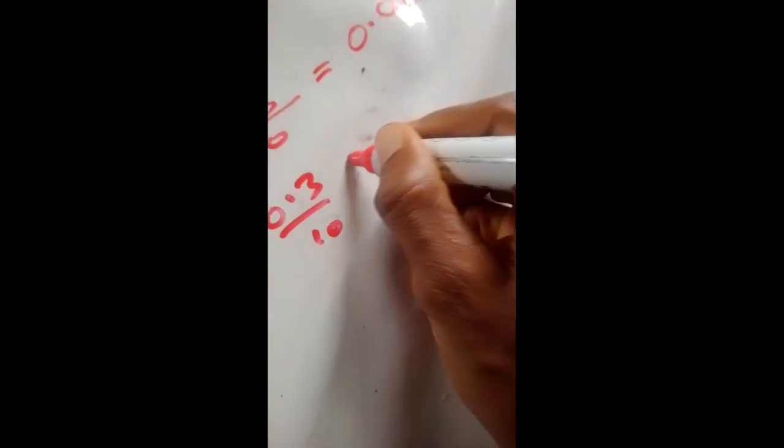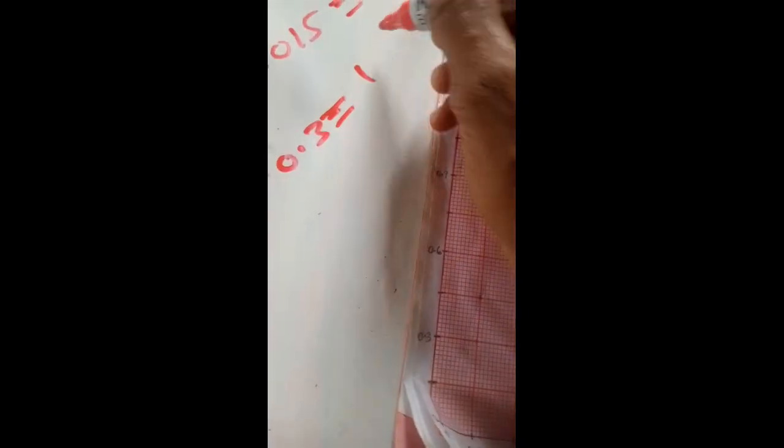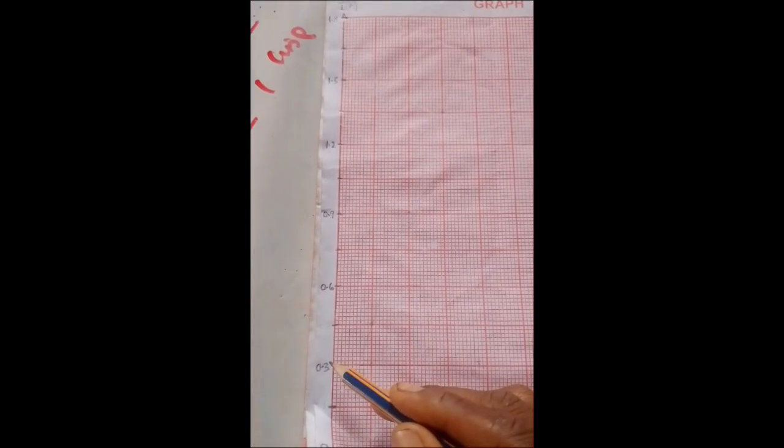While on the horizontal axis, we have 10 lines from the 0 to 0.3, so that will be 0.3 divided by 10. That will be 0.03. So one line on the horizontal axis is 0.03.